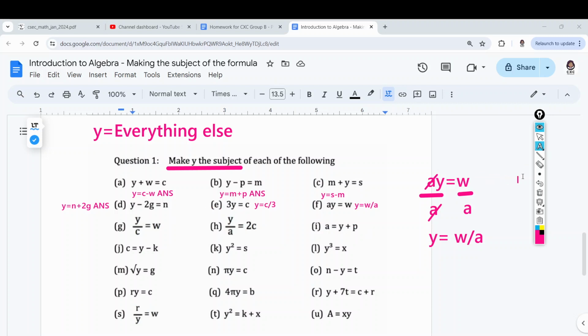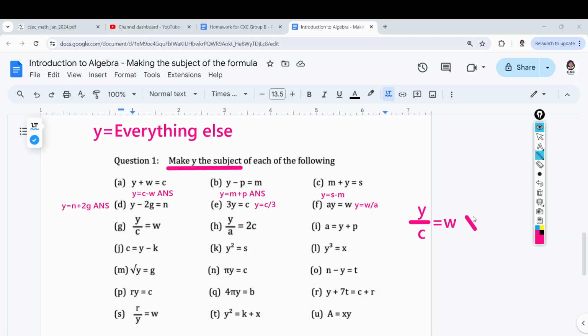Cool. Okay, so let me go into the last three here. So G now, guys, G is Y over C is equal to W, right? That's the value for that one. Y over C is equal to W. How do we get rid of the C, guys? We'll have to get rid of this C down the bottom because Y over C is not Y, right?